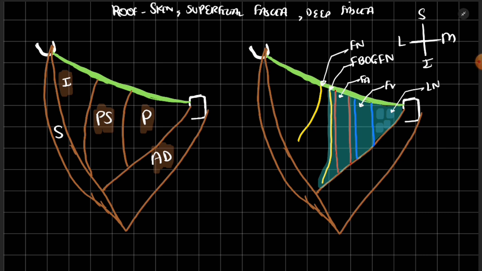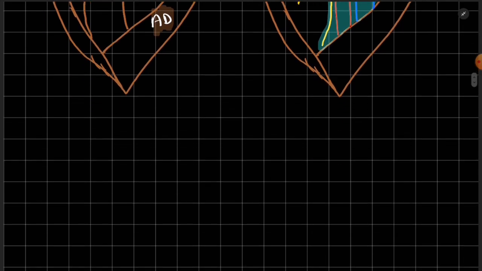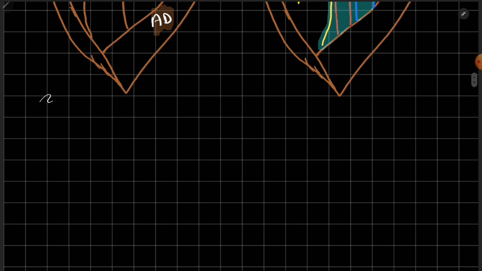Also, in the femoral triangle, the femoral artery gives some branches. So we can write the branches like, just a second, I will write it here. Femoral artery branches.